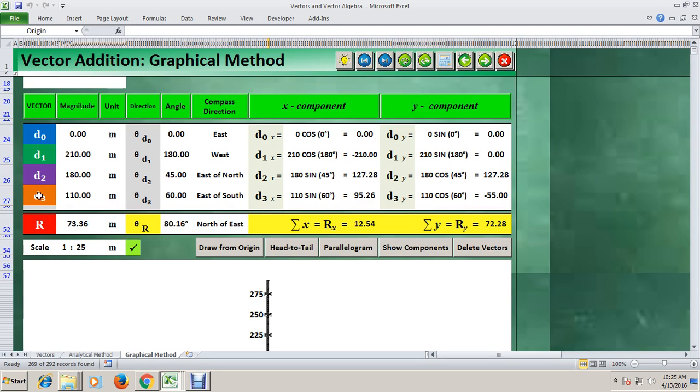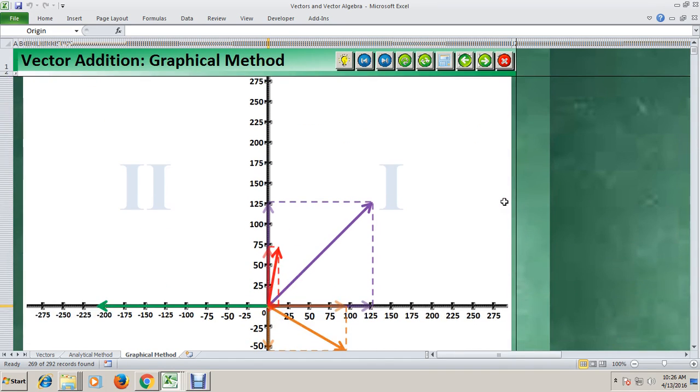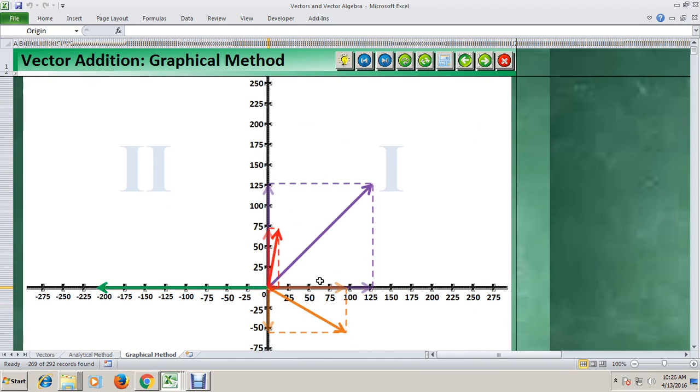And finally, for the orange vector or our d sub 3 vector, the direction is east of south, 60 degrees east of south. Therefore, our vector is located on the fourth quadrant. On the fourth quadrant, the x component would be positive, and the y component would be negative. Okay, just like what we see in the vector diagram here.